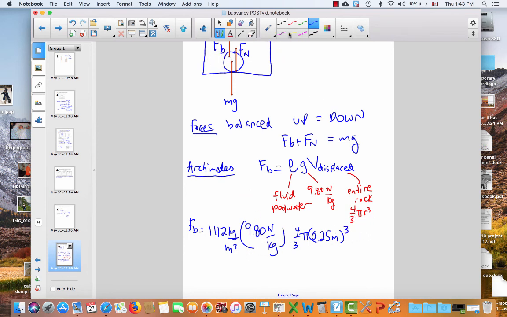So in terms of the units, notice that the kilograms cancels. This will be meters cubed, which will cancel with this meter cubed. And the only thing that will survive is newtons, and that's good because Newton is the SI unit of force.